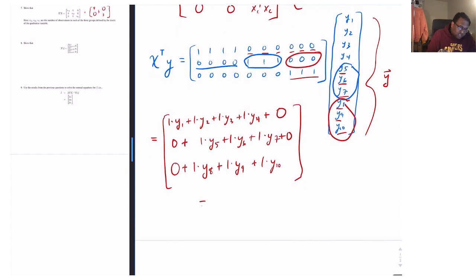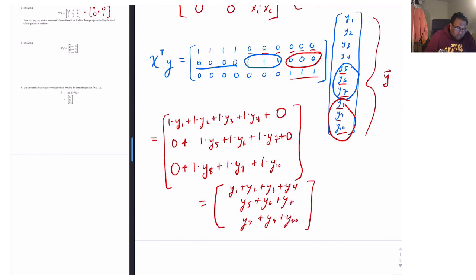Okay, so in this case, X transpose y simplifies to y1 plus y2 plus y3 plus y4. Second element, y5 plus y6 plus y7. And third element, y8 plus y9 plus y10. Okay? It's important to note that this is a vector, a column vector with 3 elements, and not a matrix or anything like that.